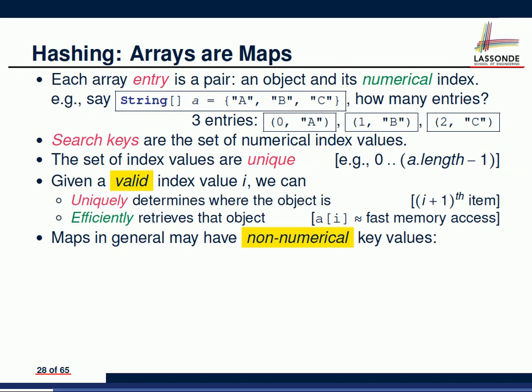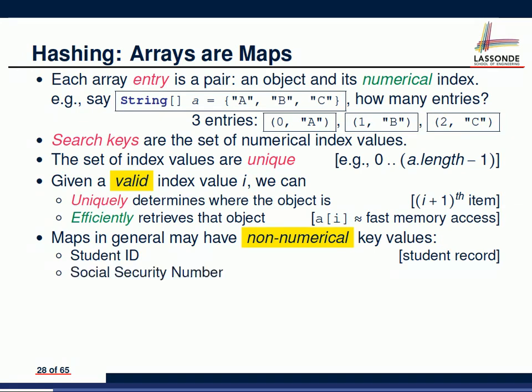In maps in general, the keys do not have to be integers. To be honest with you, in many cases they're simply not integers. They can just be objects. For example, let's say student ID. Student ID can simply be the keys for your student record database. Student ID can be an integer or maybe a string, because you might have A, 1, 2, 3, 4, 5, maybe some non-numerical elements there.